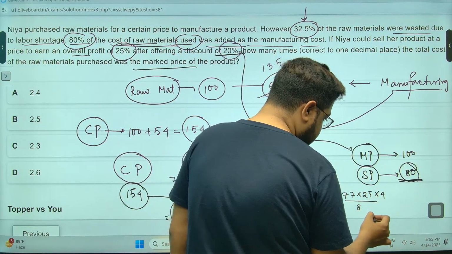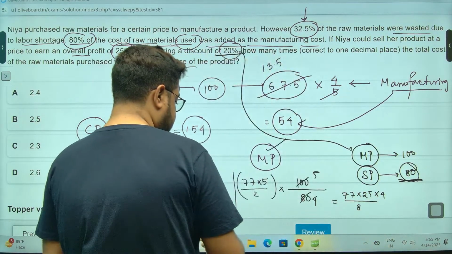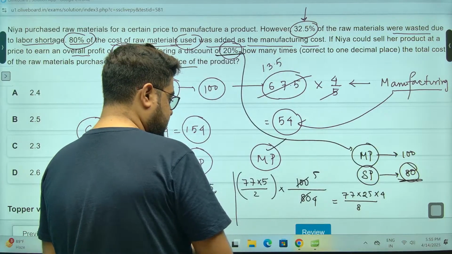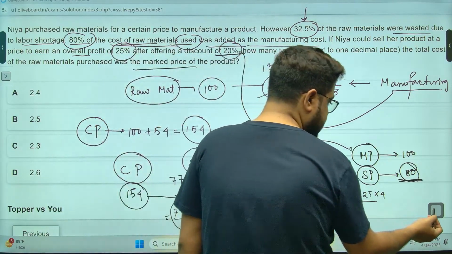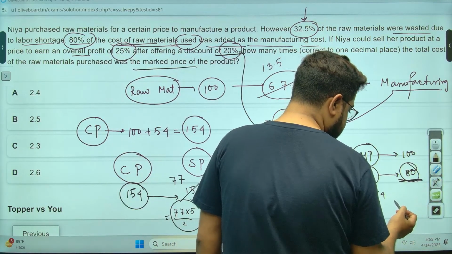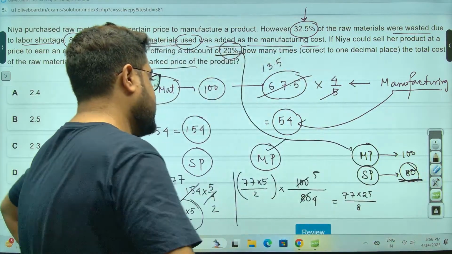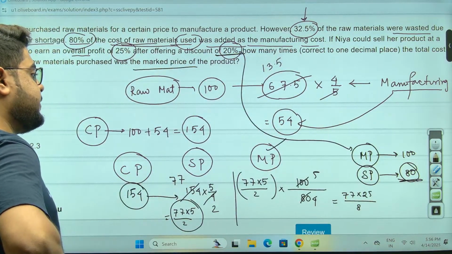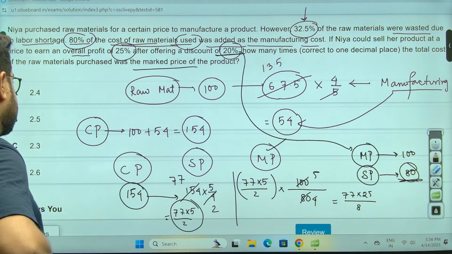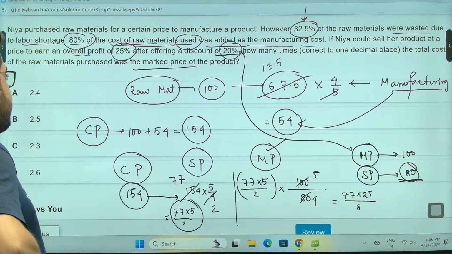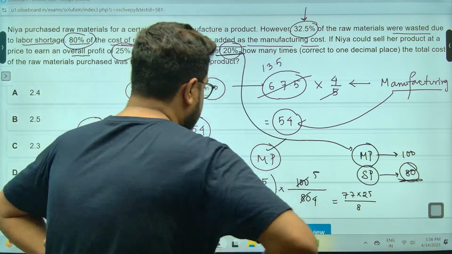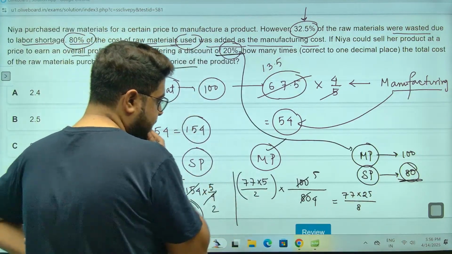Into 4 you do. But sir, that won't work. The calculation is very, very, very bad. The calculation is not good.